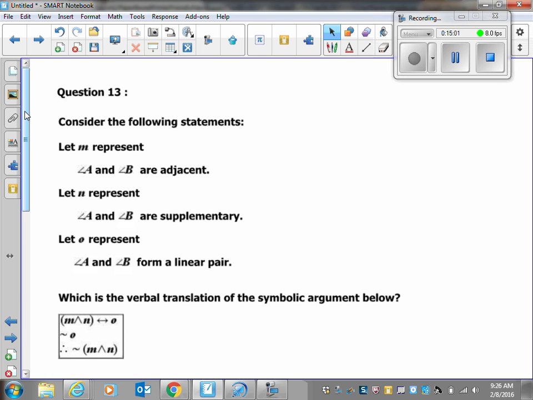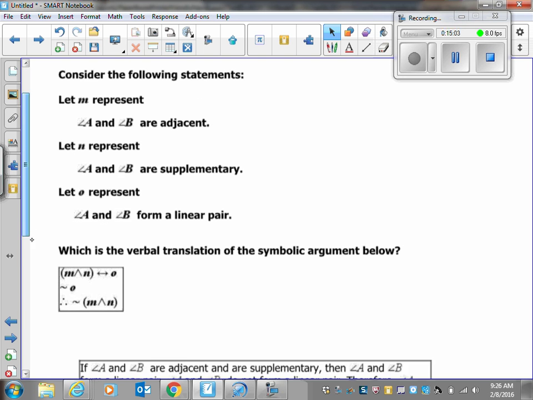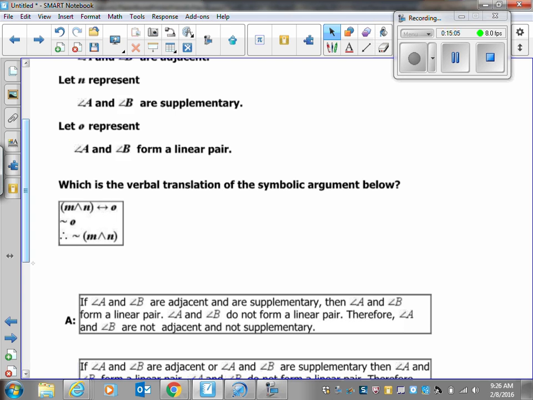So before I even look at my choices, I'll just translate. I'll rewrite this so that I can actually know what they are. So I know this is going to be what? And I know this is going to be if and only if, right?